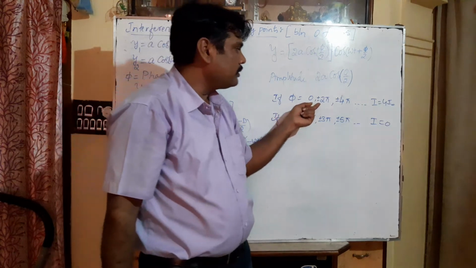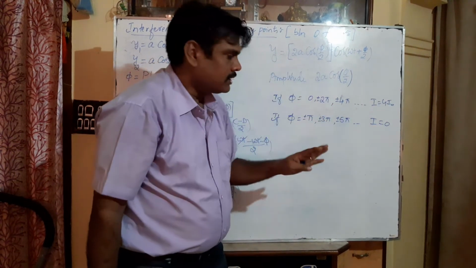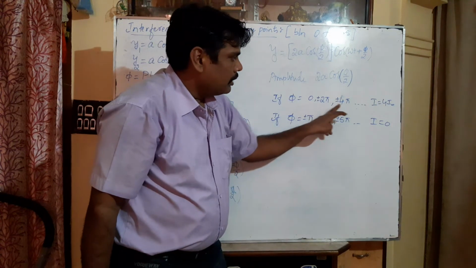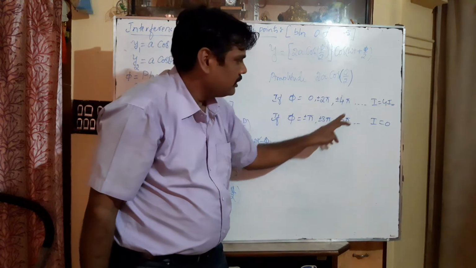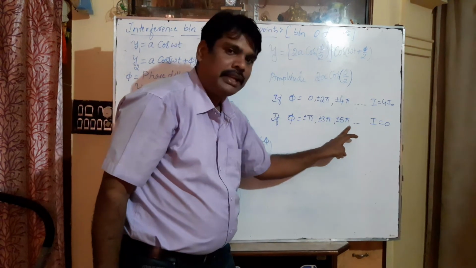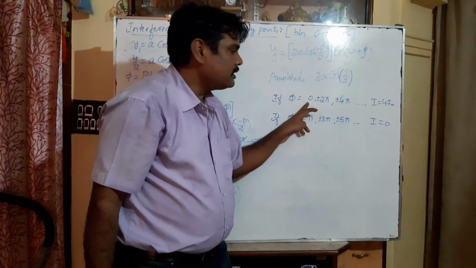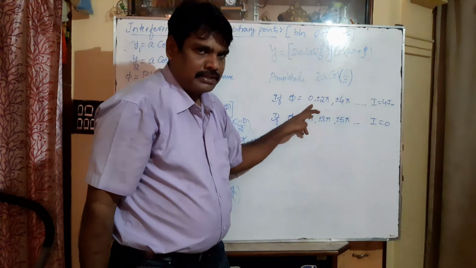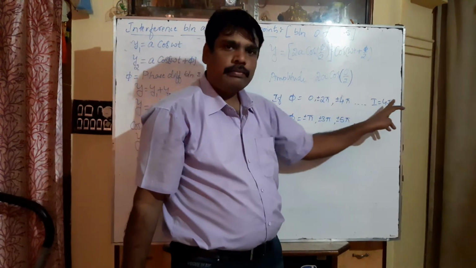That's why for all values, positive and negative, you will get either constructive or destructive. If it is an even multiple of pi, 100% constructive interference. If it is an odd multiple of pi, destructive interference. Here 0 is included in constructive interference.